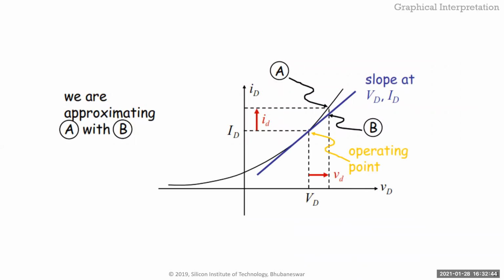So in other words, graphically, essentially what you're doing is you're taking a function and linearizing about a certain point, which is basically taking the slope at that point. In other words, you're taking this curve and approximating it. And obviously, the higher the V in goes, the larger the error you'll get, right?